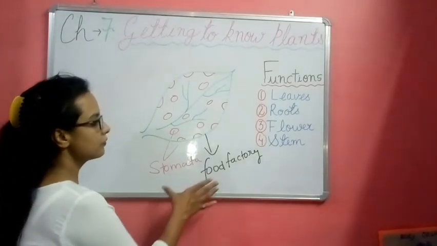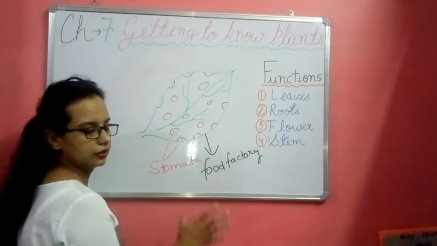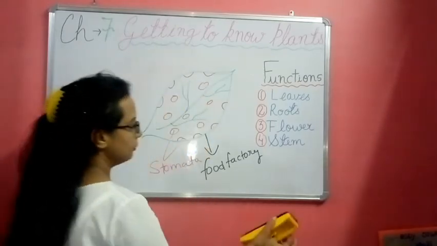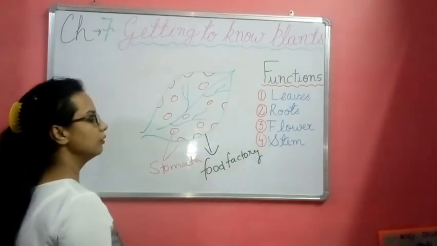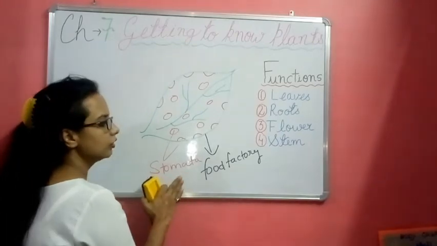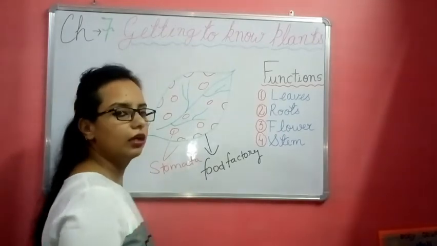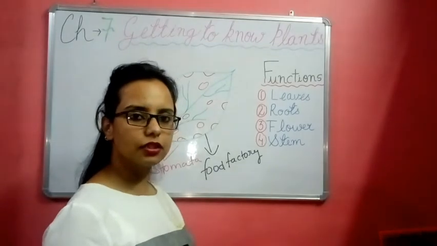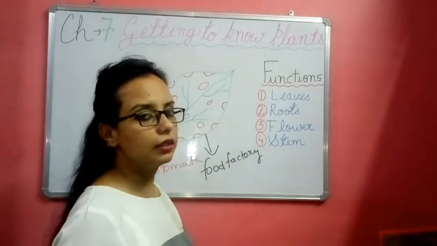Now how does this photosynthesis take place? I will explain this. First of all, let's understand the structure of the stomata. We will see the structure of the stomata under the microscope.